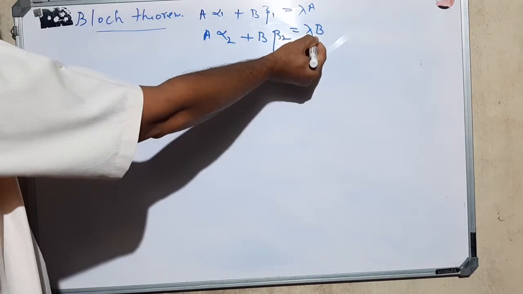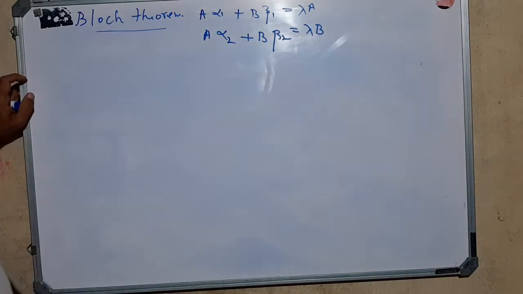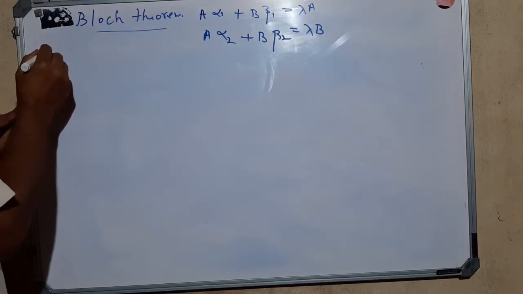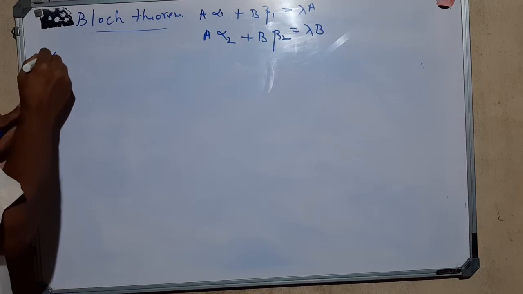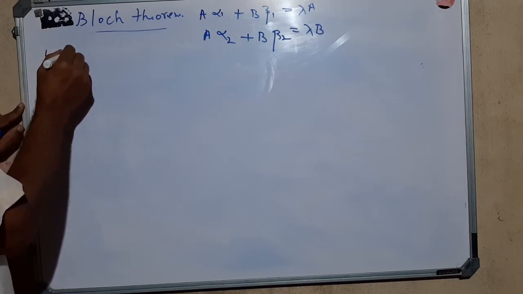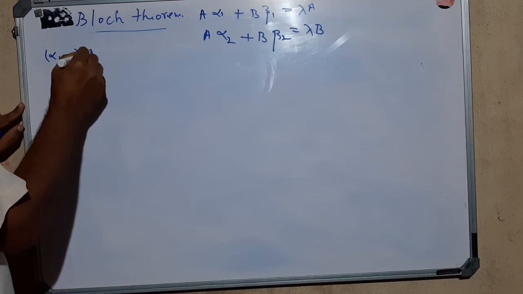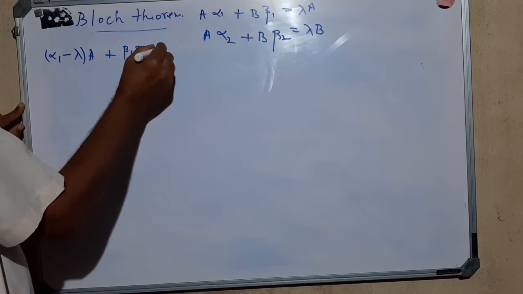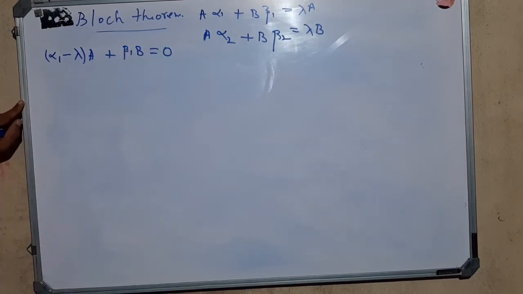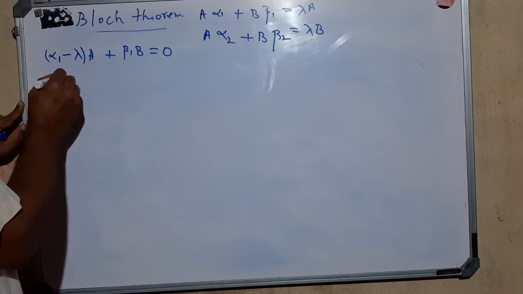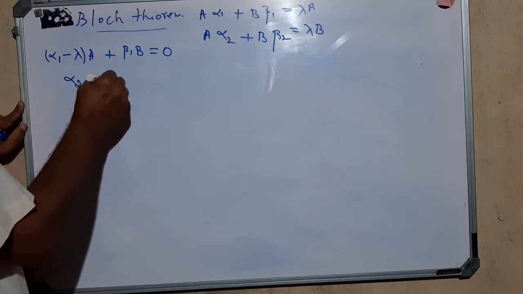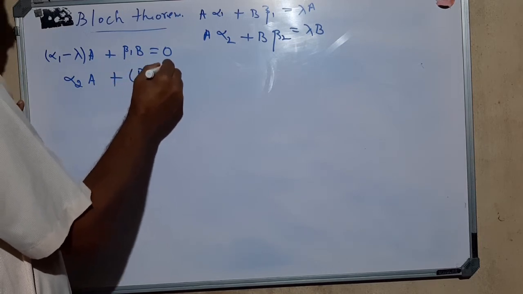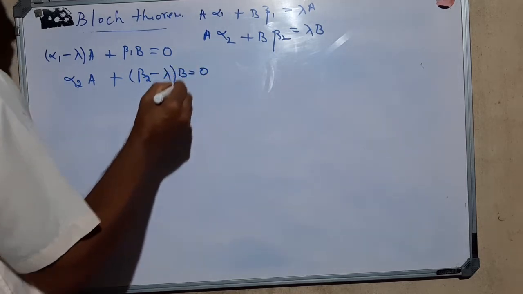The first equation becomes alpha 1 minus lambda into a plus beta 1 into b is equal to 0. Similarly, the second equation: alpha 2 into a plus beta 2 minus lambda into b is equal to 0.